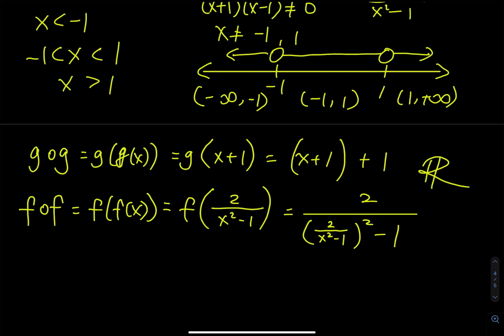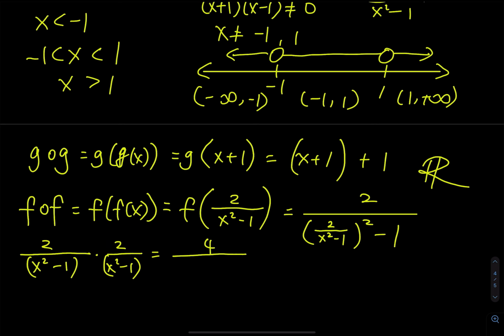Then you will have to do this. Then you will have to clean this up. So you have 2 divided by x squared minus 1 times that. And then this will have a 4. And then this one, after you open that up, you will get... you know what?